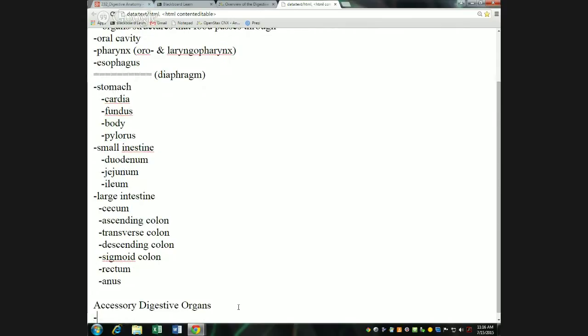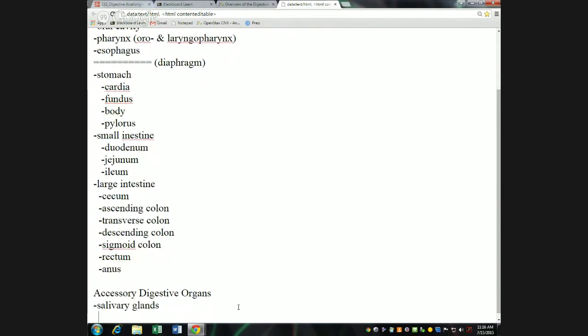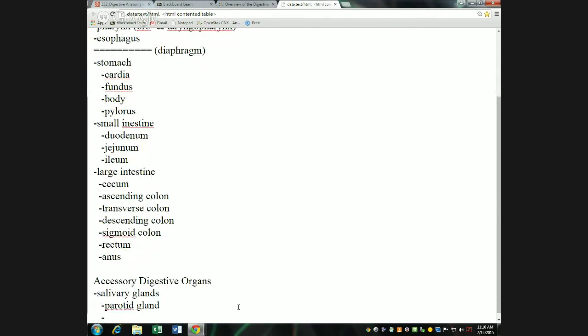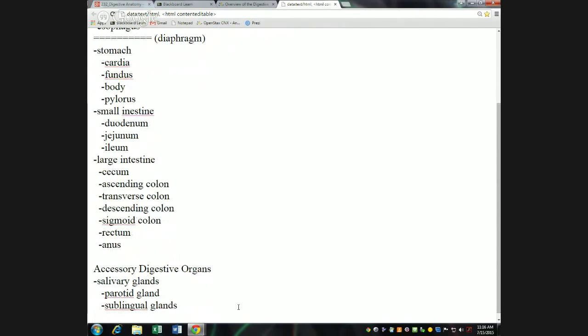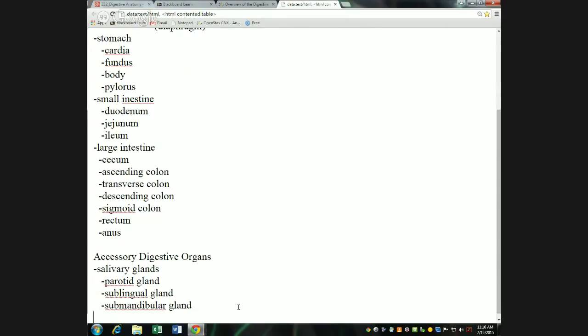Usually, those will just be listed as the salivary glands, which there are 3 of: the parotid gland, the sublingual glands, and the submandibular gland. Now, I'm making these singular. There's, of course, one on the right and one on the left of each of them. But salivary glands, which obviously secrete saliva into the oral cavity.